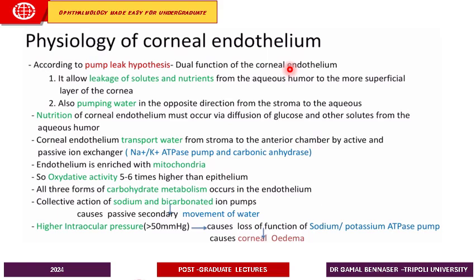And when there is a very high intraocular pressure, more than 50 mmHg, this will paralyze and stop the sodium potassium pump system, and that's why the patient will end up with corneal edema. In the next slides, we'll explain in detail these pump systems and how they work to keep the cornea as dry as possible.